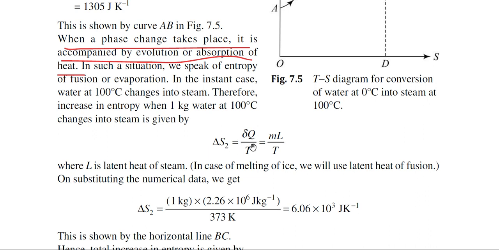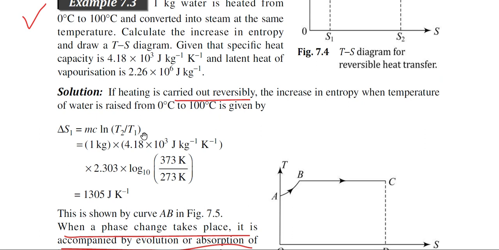delta S2 is equal to delta Q by T, but delta Q will be mL, as I have already discussed in the first problem, since there is a change of phase. So, delta Q is m into L, where L is the latent heat. In this case it is the latent heat of vaporization, because water is converted into steam.